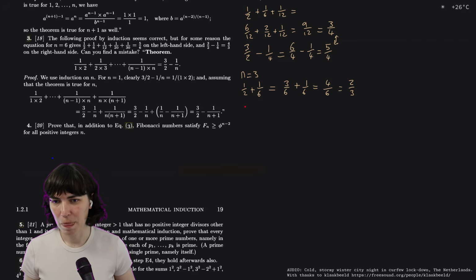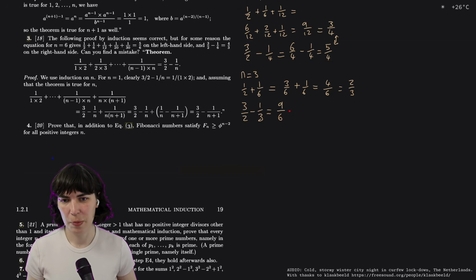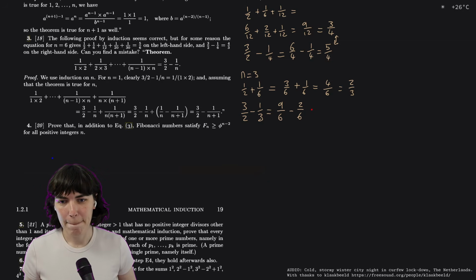Yep. Okay, and then we've got 3/2 minus 1/3. That's going to be 9/6 minus how many? 2 sixths. 8 sixths.